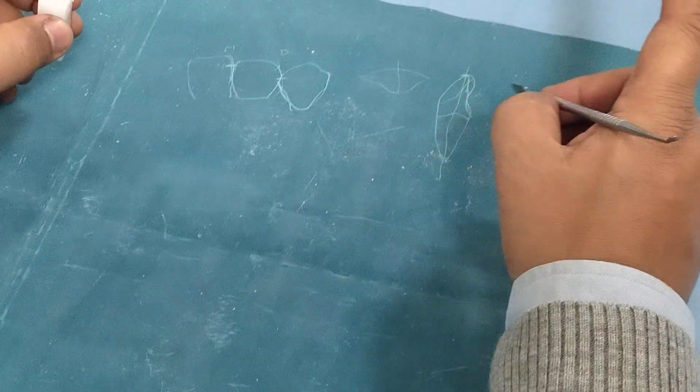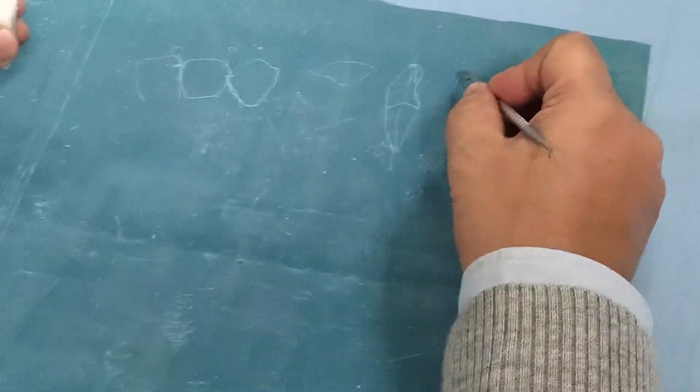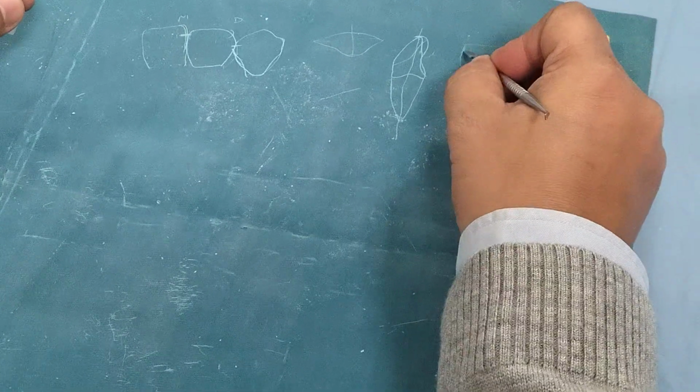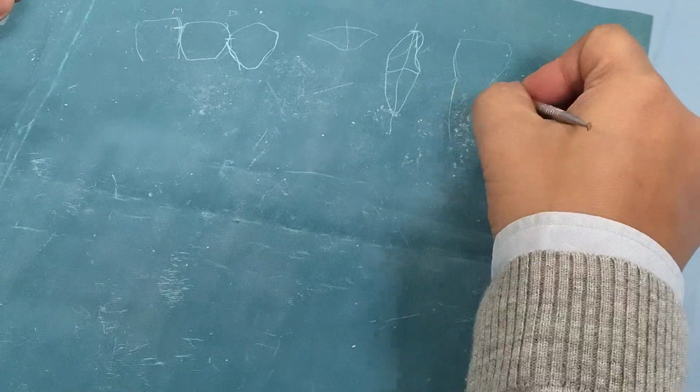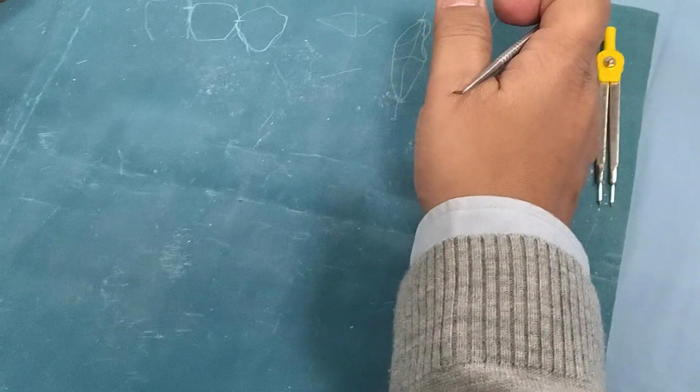Okay? Even if you see on the buccal aspect of this lateral incisor, if you draw a long axis, it will divide the tooth.